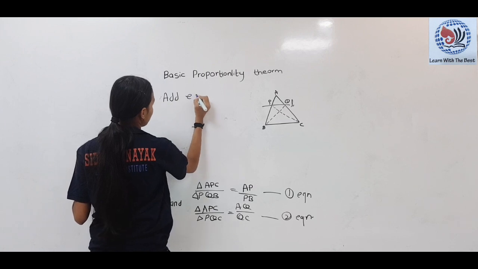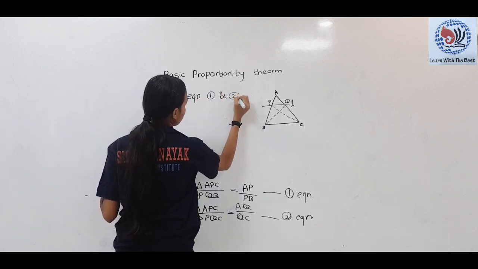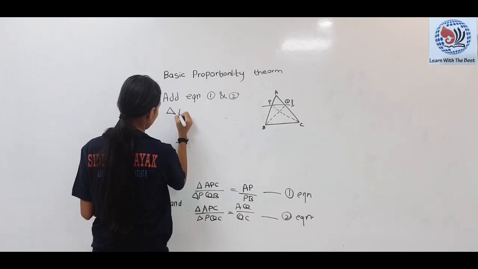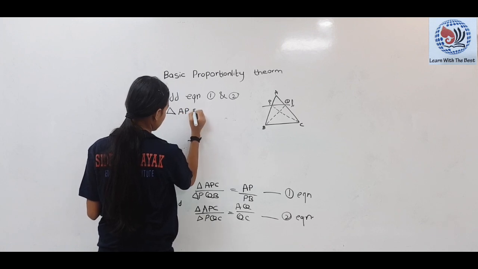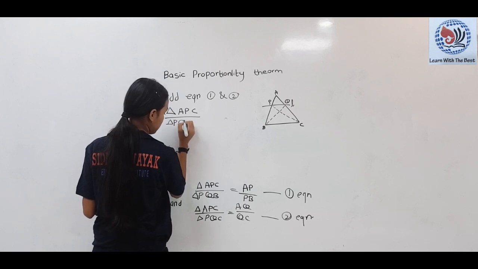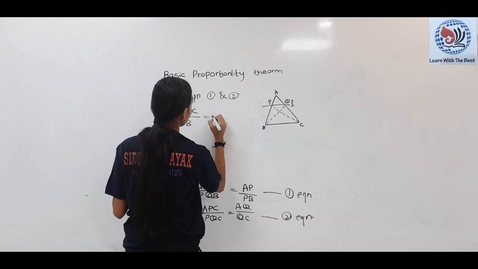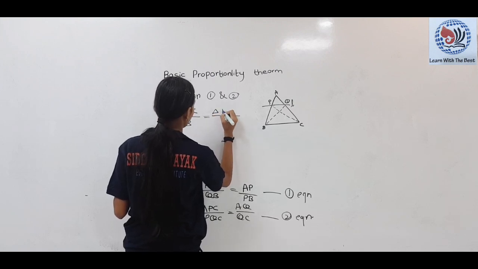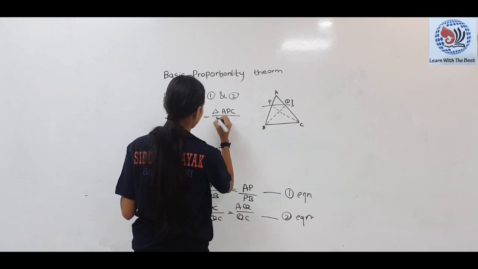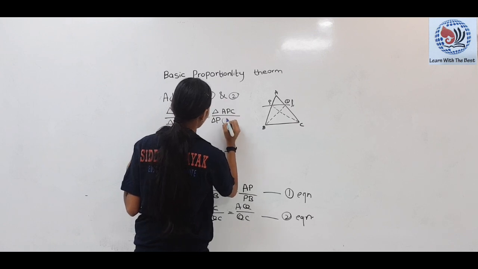Add equation 1 and 2. Triangle APC upon triangle PQB equals to triangle APC upon triangle PQC.